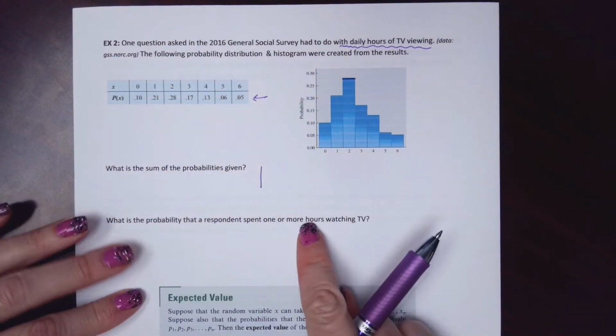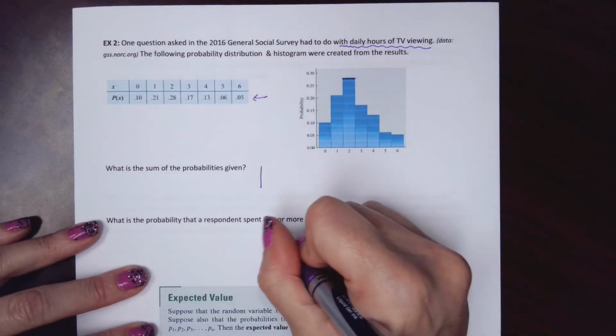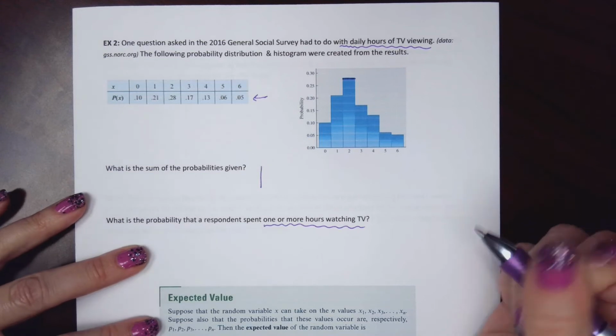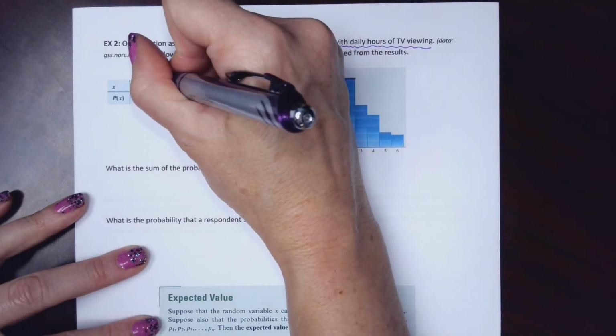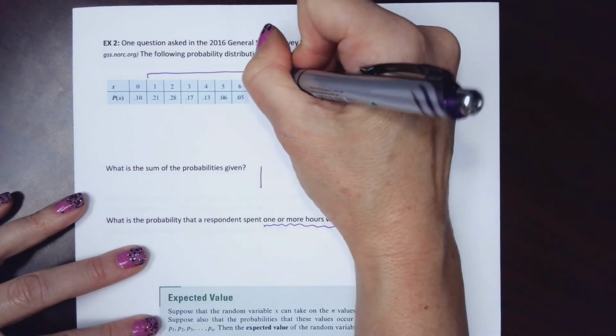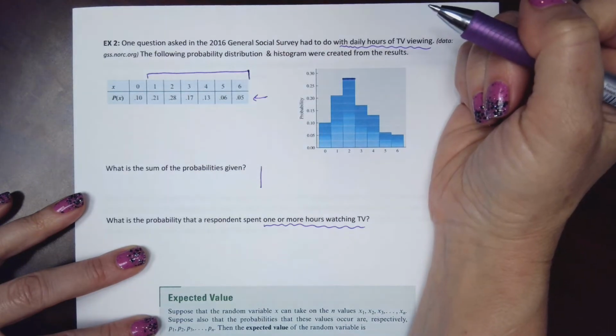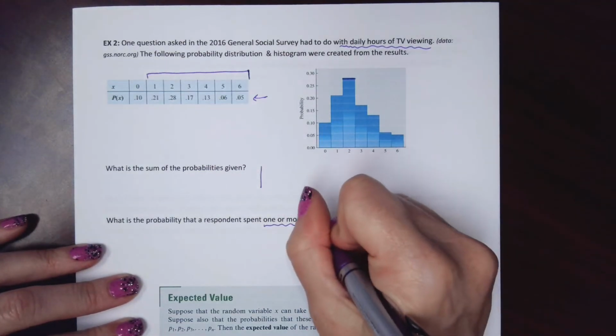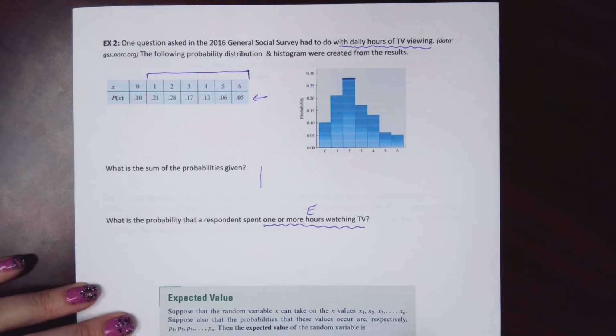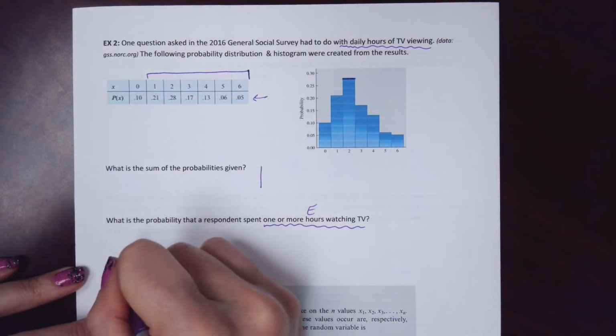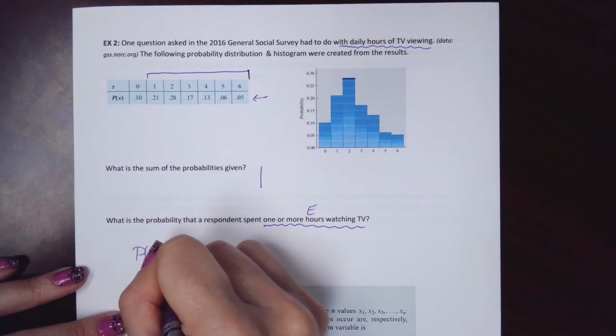What is the probability that a respondent spent 1 or more hours watching TV? Well, 1 or more hours watching TV is going to be all of these probabilities. So to figure out that probability where this is my event, that the respondent spent 1 or more hours watching TV, I have a couple of options.